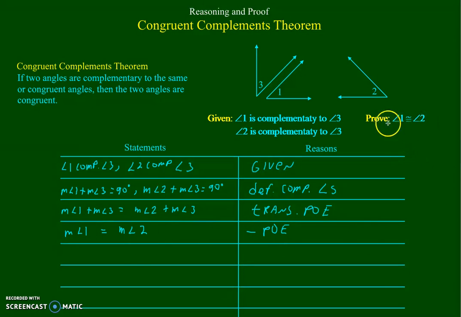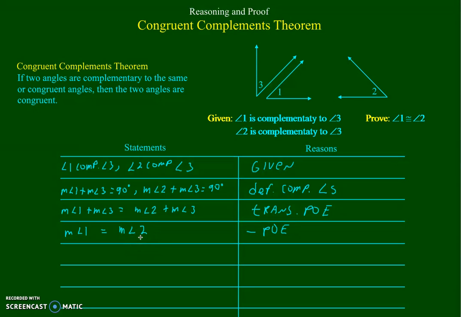Now we're almost to the final step. We have the measure of angle 1 equals the measure of angle 2, and we have to get to angle 1 is congruent to angle 2. Do you remember the reason we could go from equality to congruence? That's a definition. The definition of congruent angles is if two angles have the same measure, then they are congruent.